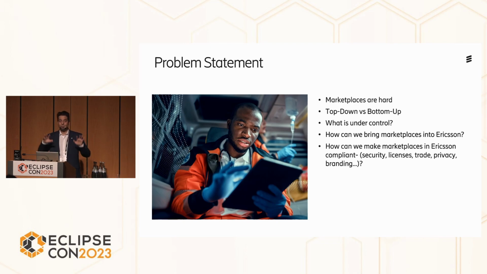Am I letting everyone here make their own plugin called GitLens, and then have everyone use the same icon, and then have you guys fight over that? Or are we saying this is the one true GitLens, as an example? What is under control? If someone decides to put up some crypto mining plugins, is it allowed?